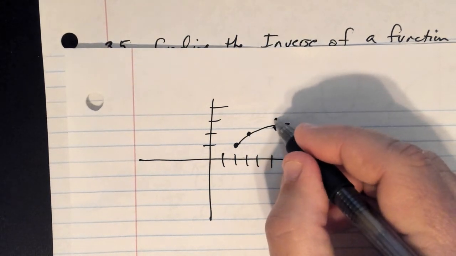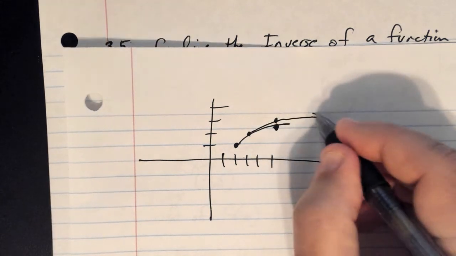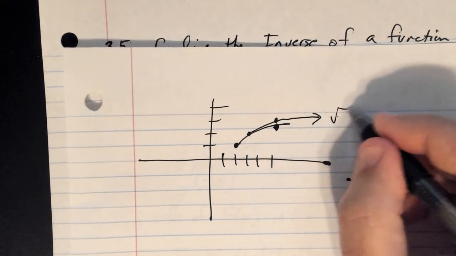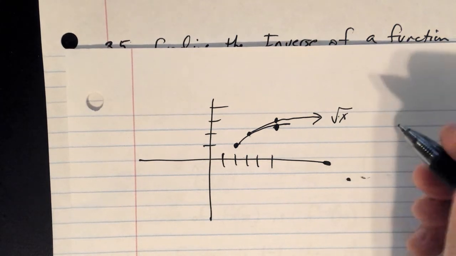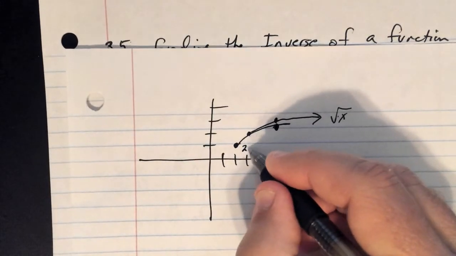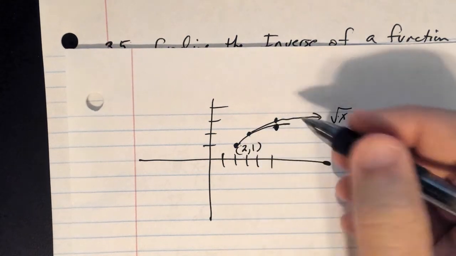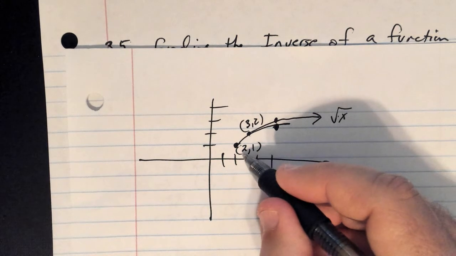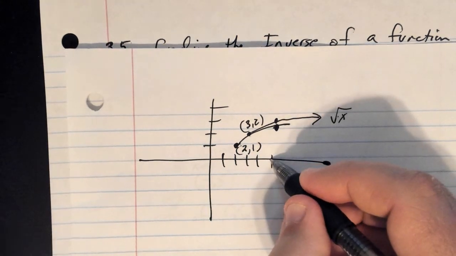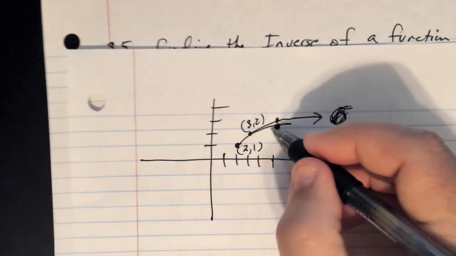Oops, let's be way up here, sorry. This is the example of the square root function that's been transformed. If this point's at 2, 1, this point is at 3, 2, and then 1, 2, 3. I guess it's not really a square root. We'll just call it just a regular function.